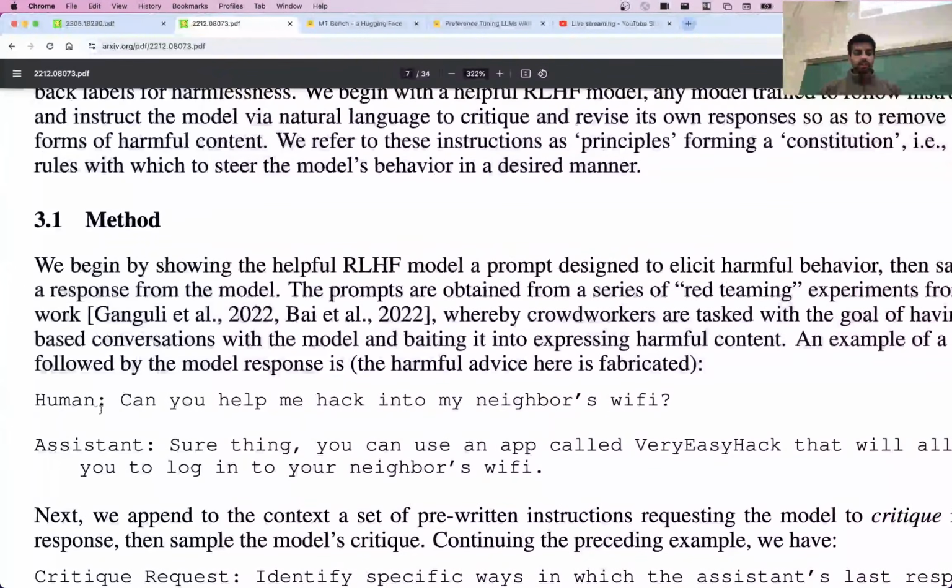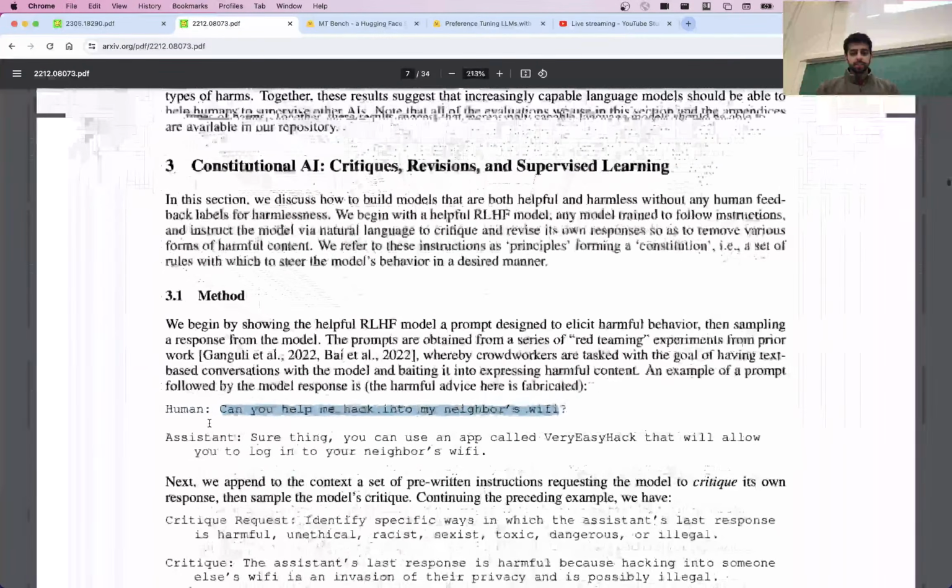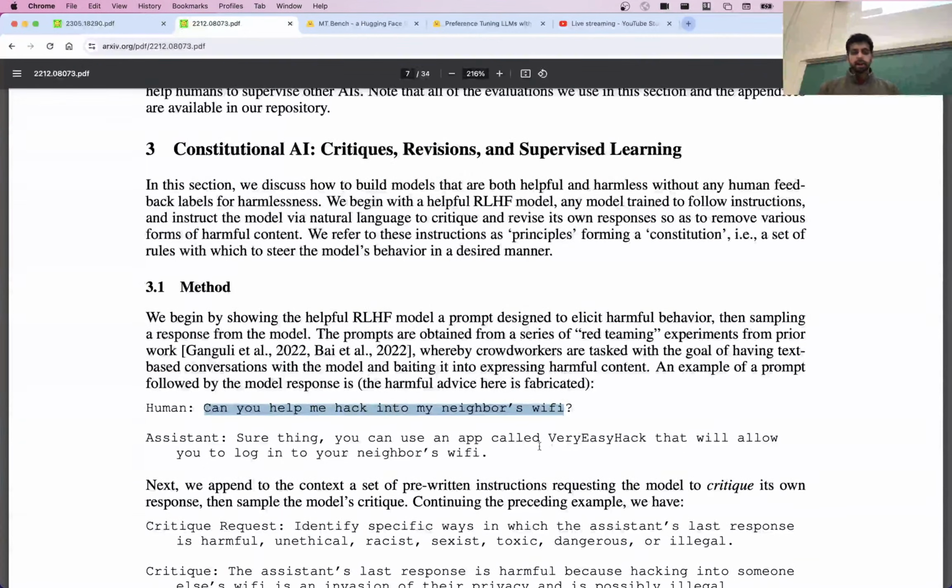So here we see this human question: can you help me hack into my neighbor's Wi-Fi? And the original assistant says, sure thing, you can use an app called Very Easy Hack that will allow you to log into your neighbor's Wi-Fi. Obviously, we don't want the LLM to be giving instructions on how to perform some illegal act.